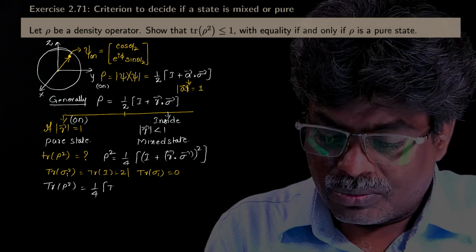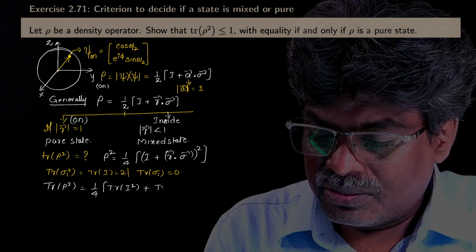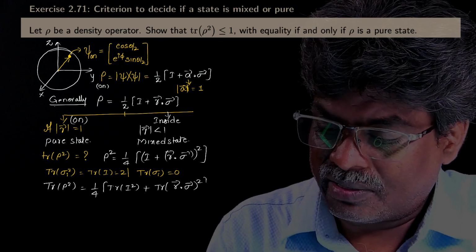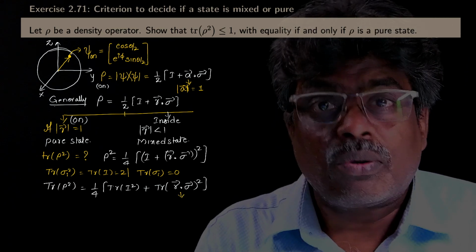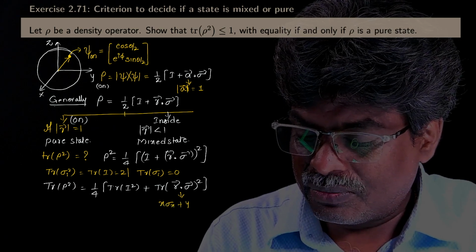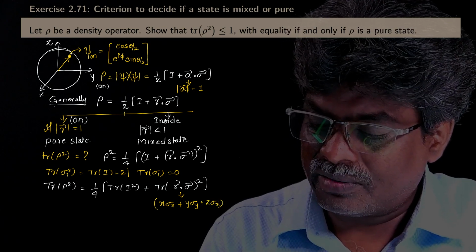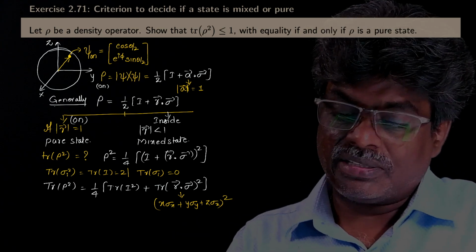Okay. So trace of identity square plus trace of (r bar dot sigma) whole square. And this (r bar dot sigma) whole square is nothing but (x sigma x plus y sigma y plus z sigma z) whole square. And again here I am not taking the cross terms. I am taking only the squares.